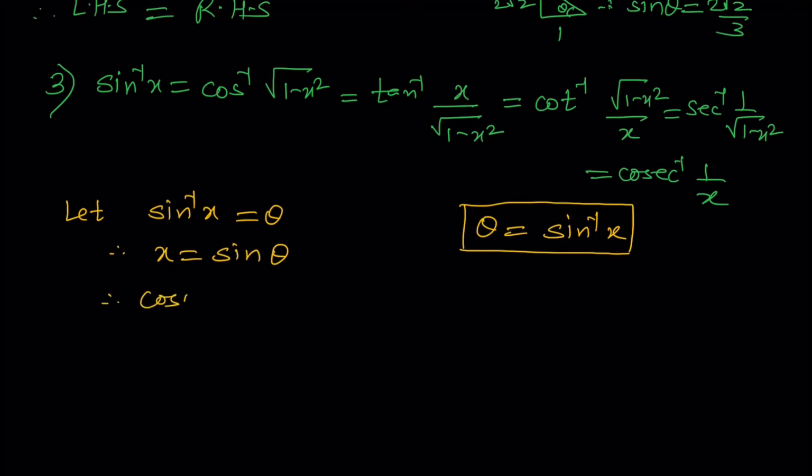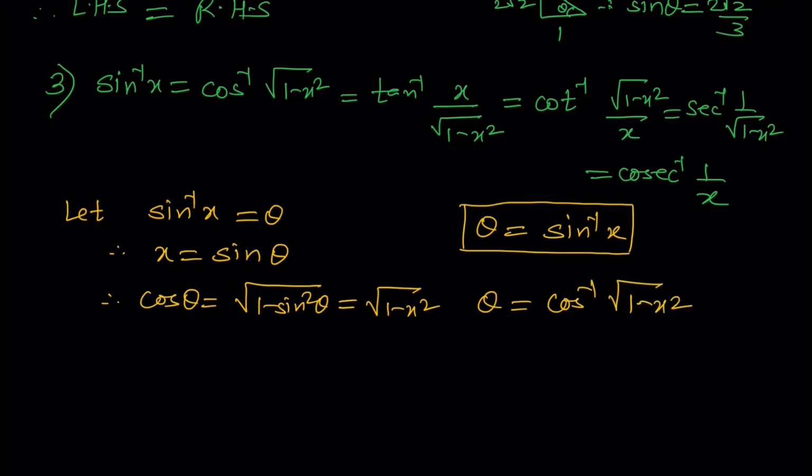Now if you know x is sine theta, you can easily find cos theta. Therefore cos theta, which is equal to square root of 1 minus sine square theta, will be square root of 1 minus x square. So theta will be cos inverse of root 1 minus x square. Fine.